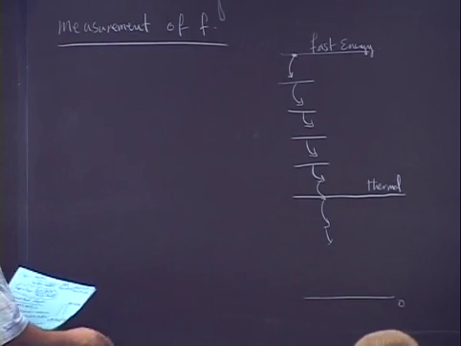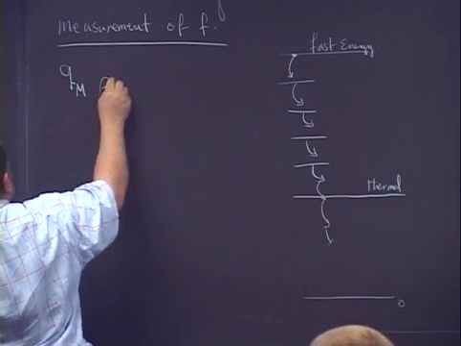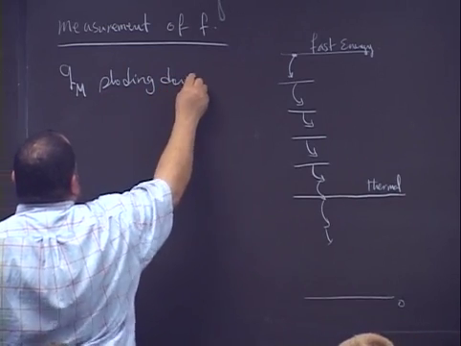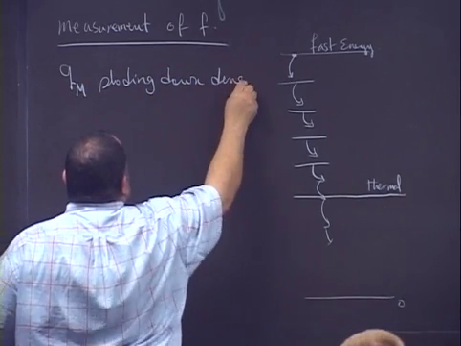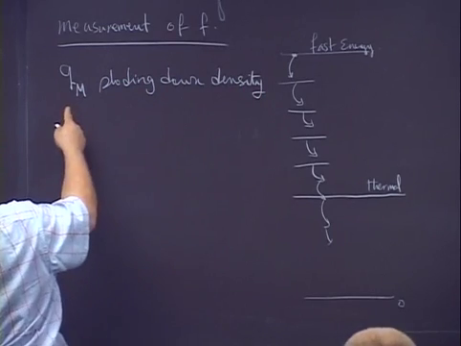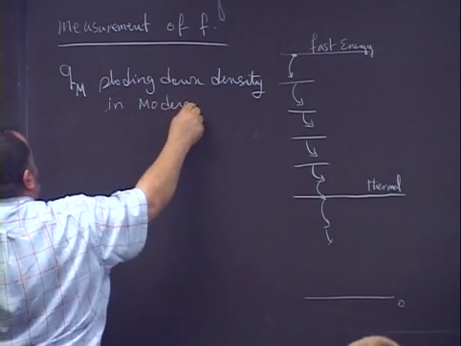So as you remember from a couple of lectures back, we defined slowing down density, and we said that this is slowing down density in the moderator. What does it mean, slowing down density?